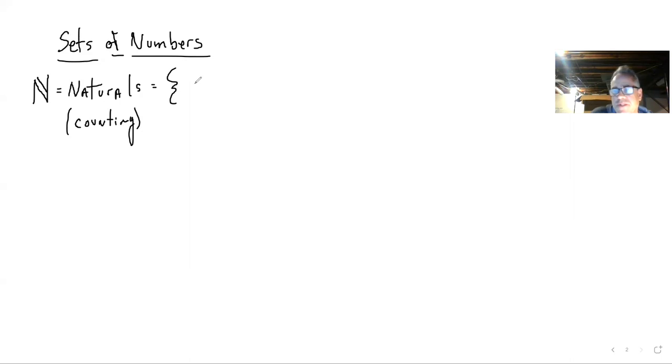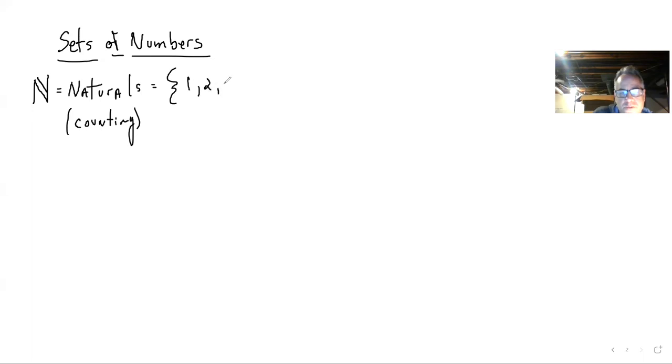I'm just going to use a listing method. This is what we're going to call an infinite set. Now, down the line, we'll have a rigorous definition of what we mean by infinite set. But for right now, we'll just go with the idea that it goes without bound, goes on forever. So what I'm going to do is simply establish a pattern.